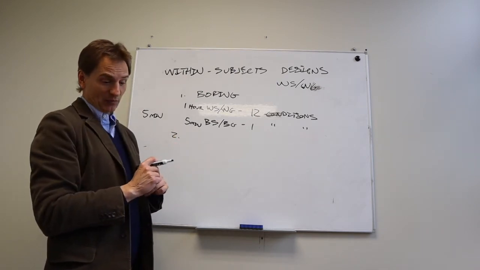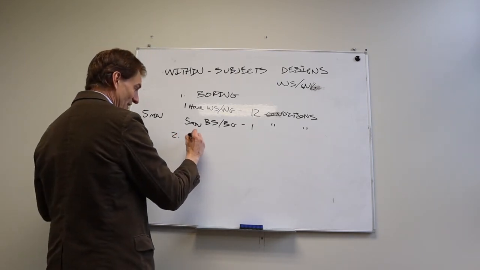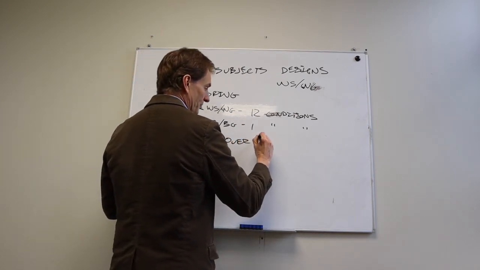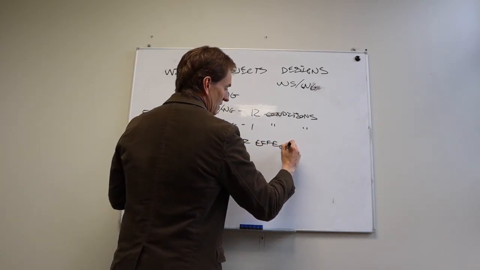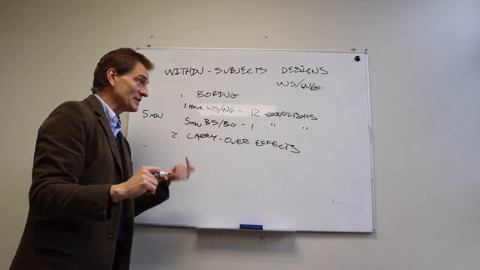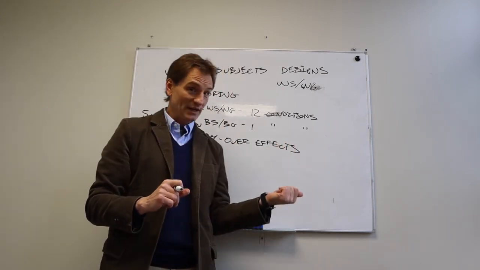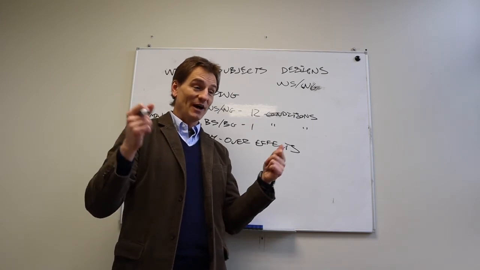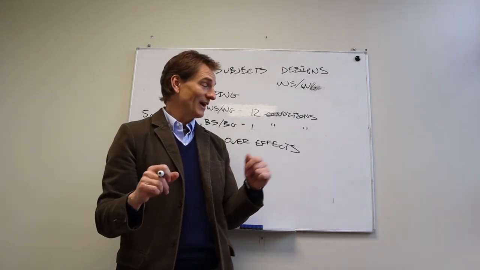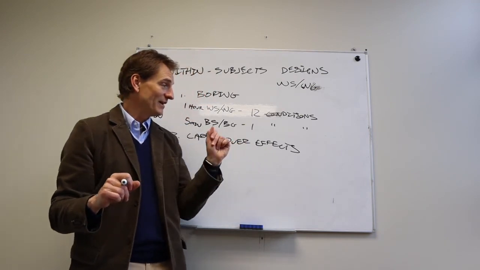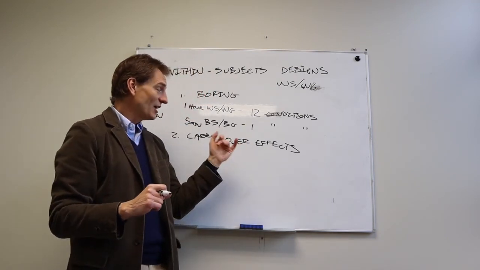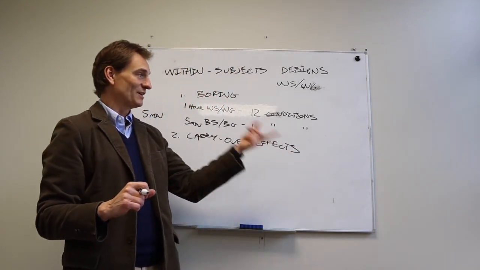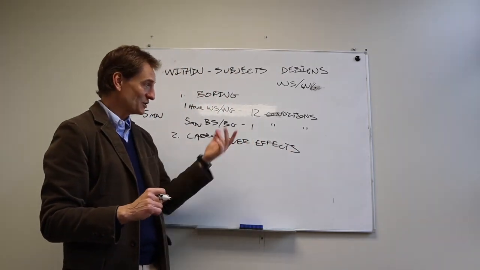The second problem is carryover effects. So if there is a carryover from one condition to another, like let's say the executive monkey study, if you watched those videos about the Brady and Weiss research, you can't put one of the rhesus monkeys in one condition and then put them in another condition.